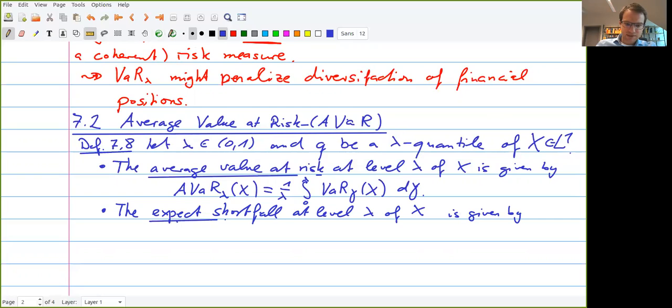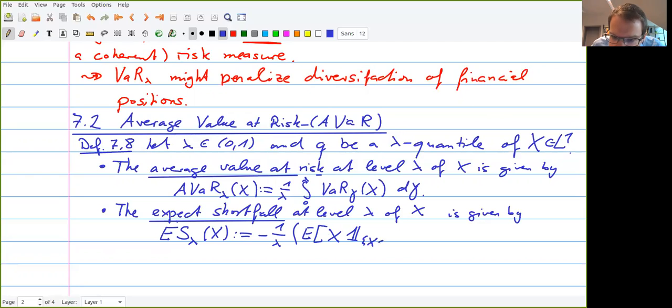The expected shortfall at level lambda of X is, by the way, defined as minus 1 over lambda multiplied with the expected value of X, so the expected value of our financial position, conditioned on X being less than the quantile at the level lambda.